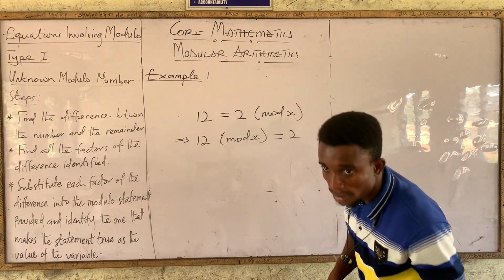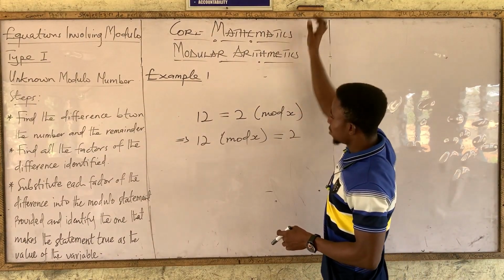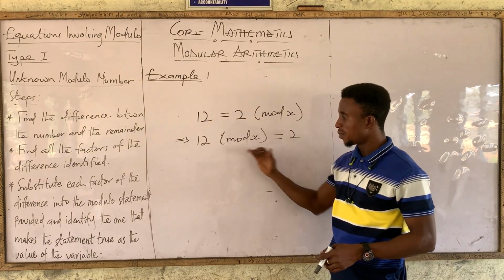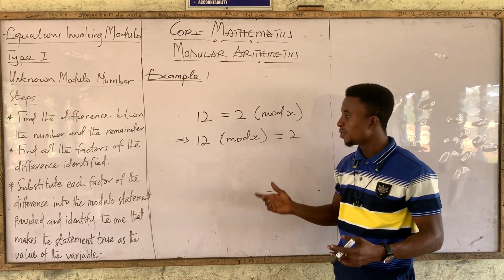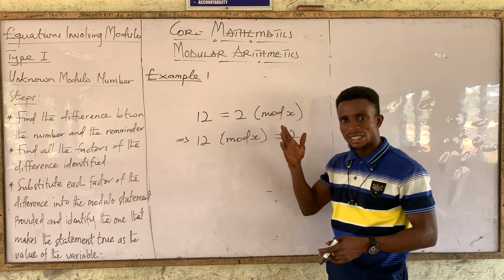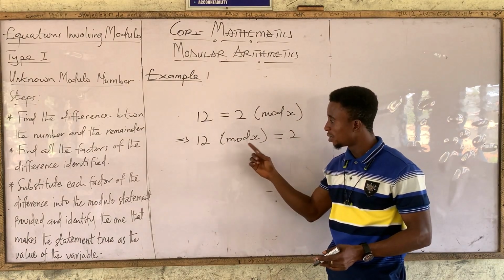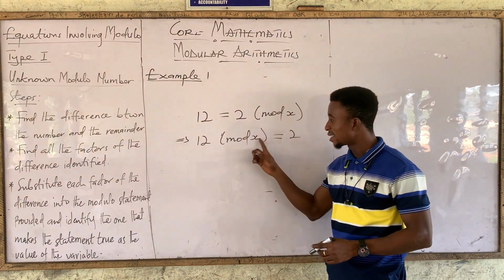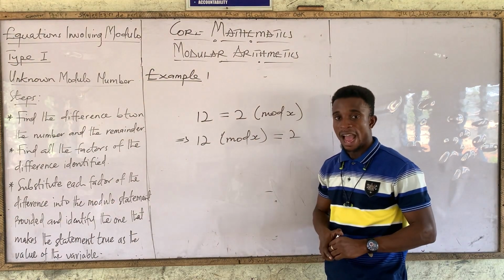So now imagine we are given this, and we have to find the modulo number. Somebody can just look through, that's what we did previously. Somebody can say x is 5, right?